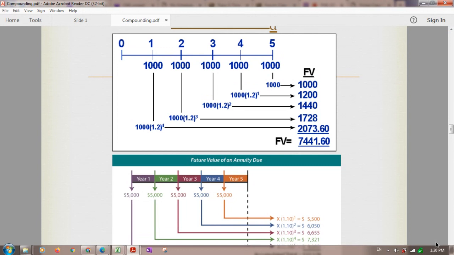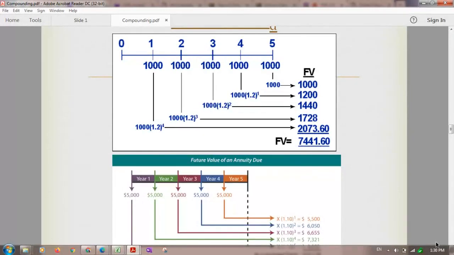Now, ordinary annuity is the default, right? Unless otherwise stated. Ordinary annuity is always the default. That's why it's called ordinary, right?